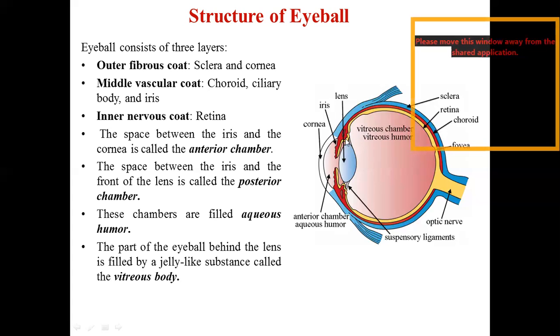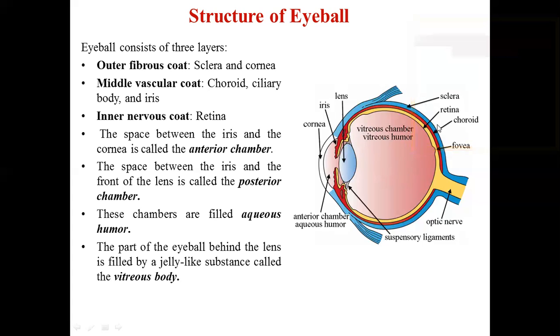The space between the iris and the lens is known as the posterior chamber, which is again filled with aqueous humor. And behind the lens, this complete area is filled with a jelly-like substance known as the vitreous humor, and this is known as the vitreous body.